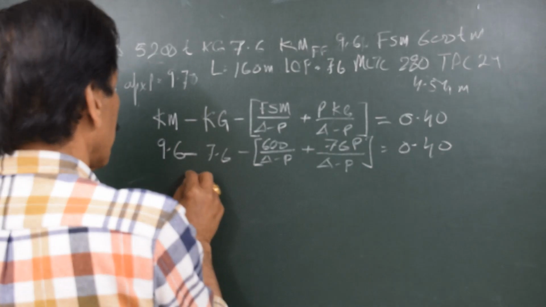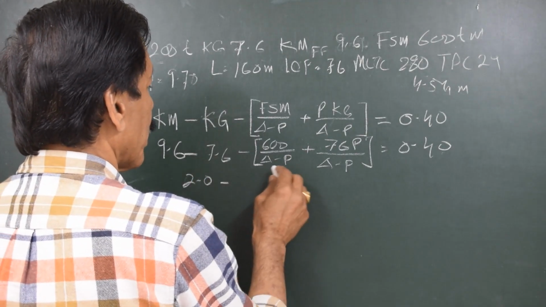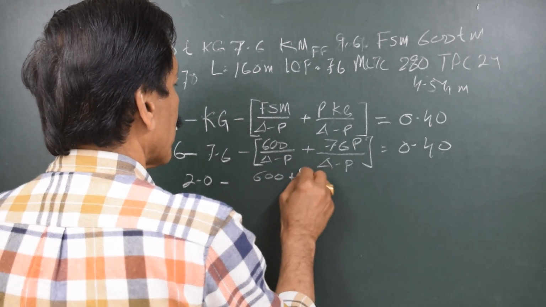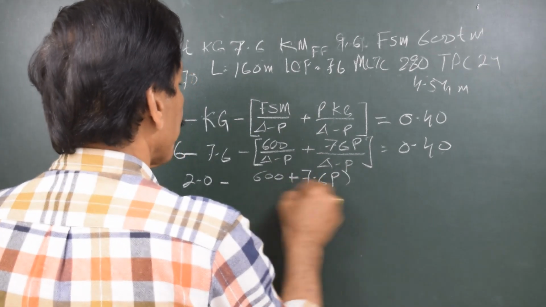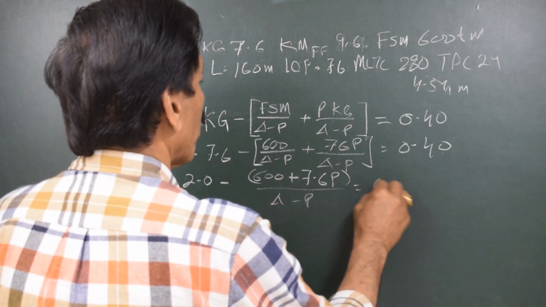So this is 2.0 minus 600 plus 7.6 P divided by delta minus P equal to 0.40.